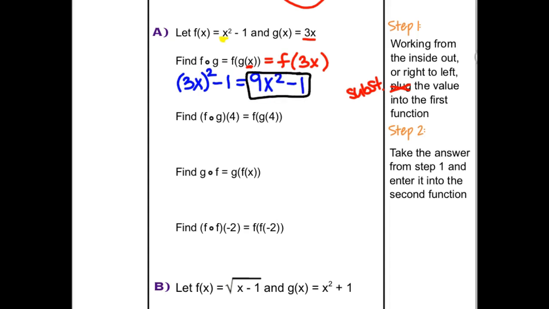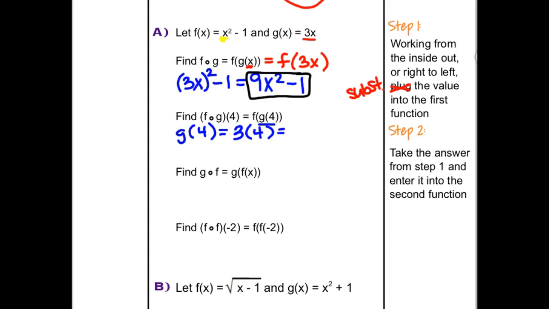Before you say I don't get it, just sit back and listen. The next one says, I want to find f of g of 4. I'm going to start by finding g of 4. I'm not even going to acknowledge that I've already found f of g of x, because I'm going to show you how this works in process. So g of 4 means I take 3 times x, but x is 4.